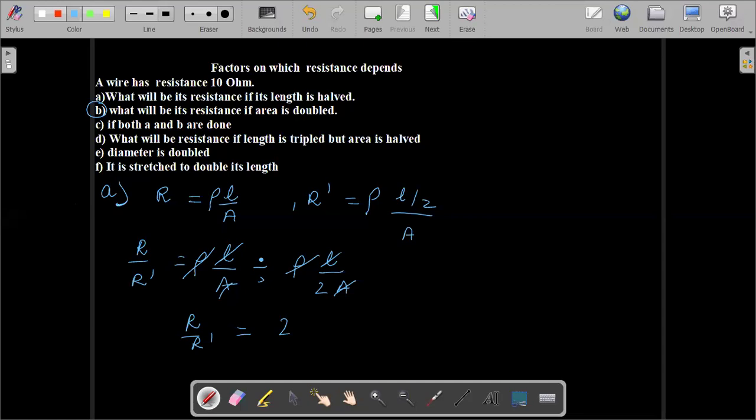Sir, 5 ohm is the answer, same as before.